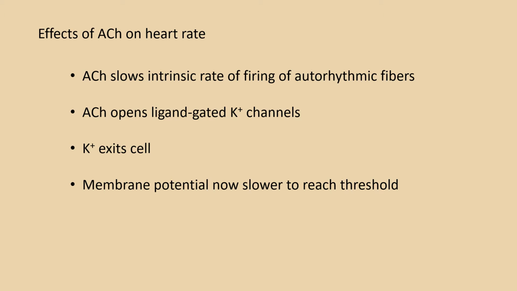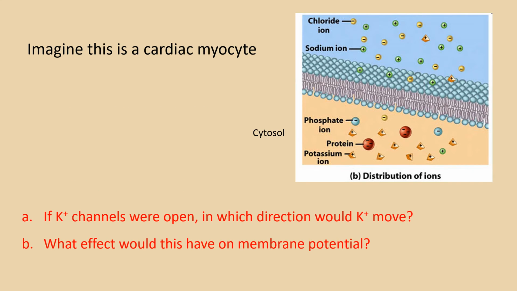So acetylcholine, when it's secreted into the synapse between the motor neuron and the autorhythmic fibers of the SA node or the AV node, is going to bind to and open ligand-gated potassium channels. So let's think more about that.